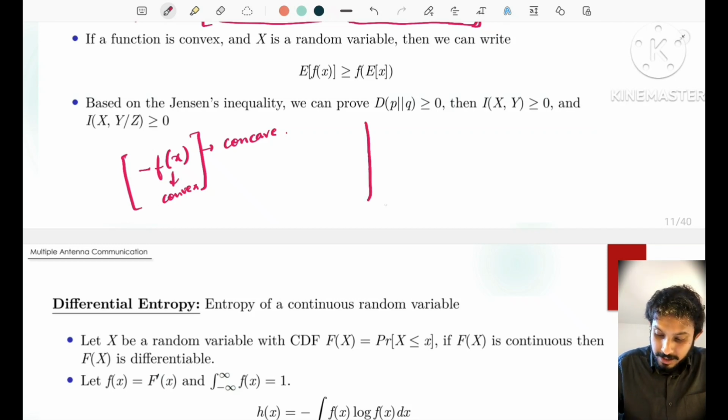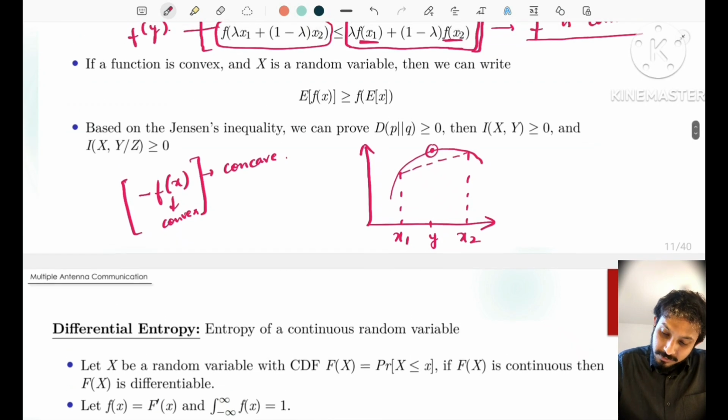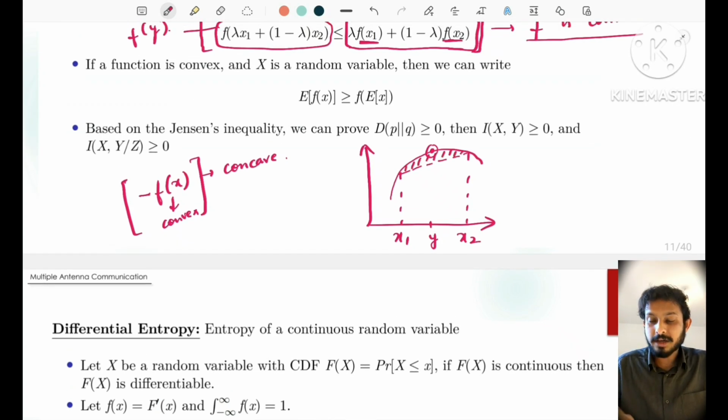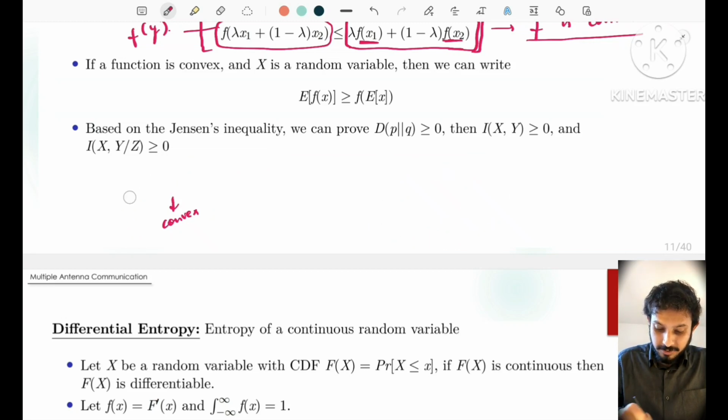And from the picture we can say that, if we have 2 points x1 and x2, and we draw a chord between x1 and x2, any point between x1 and x2, the function value at that point will always be greater than the chord connecting f(x1) and f(x2). So this is the pictorial view of when a function is concave.